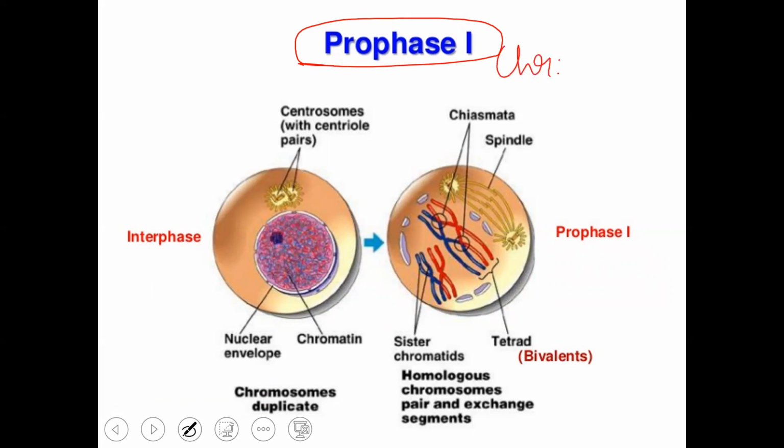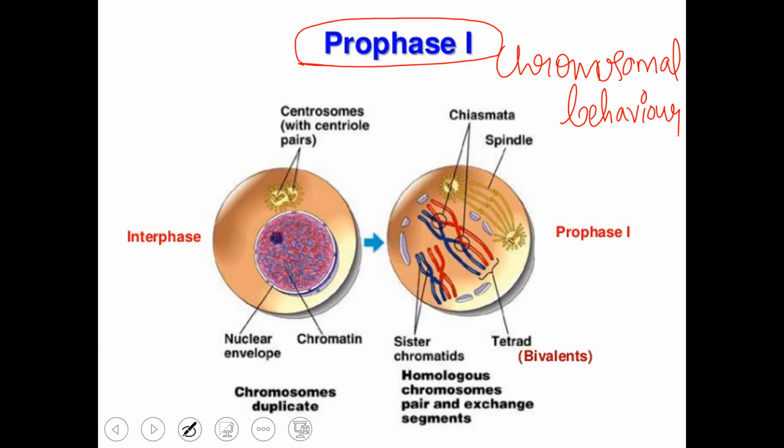Based on chromosomal behavior, they are divided into five substages, which include leptotene, zygotene, pachytene, diplotene, and diakinesis.